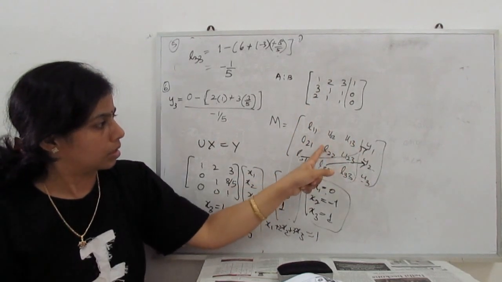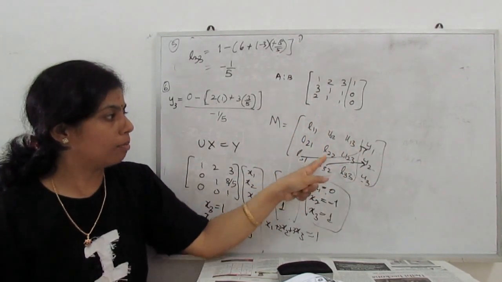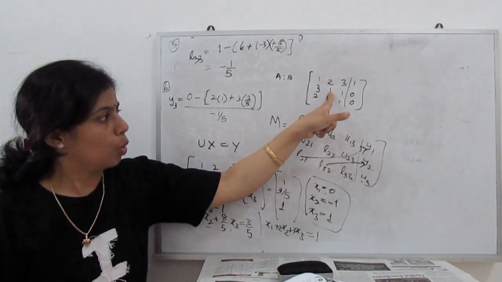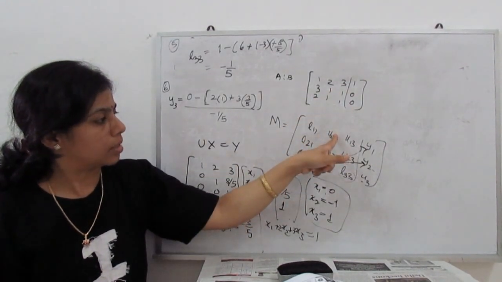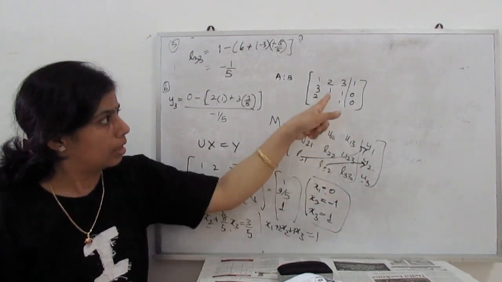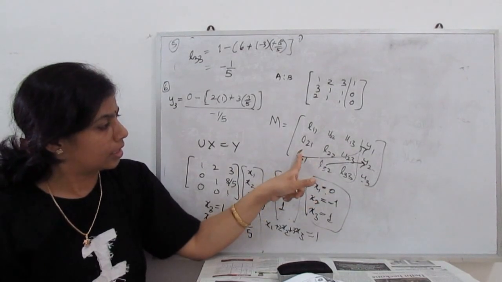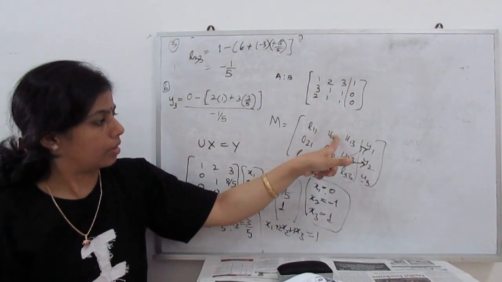After this, the remaining second column, L22: A22 minus this times this. For this, A32 minus this times this element.